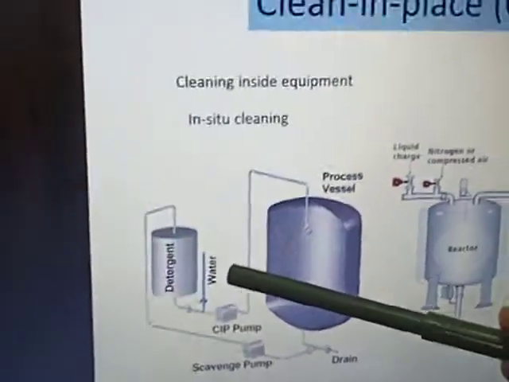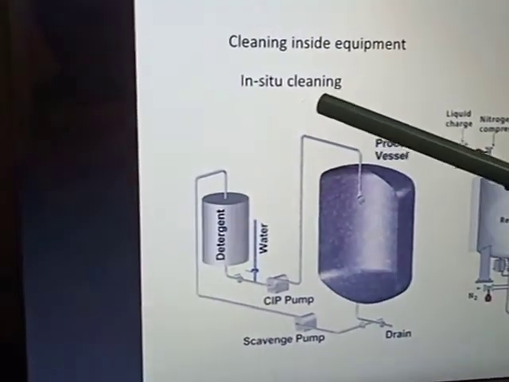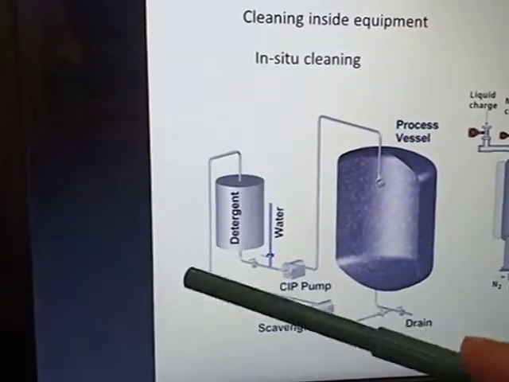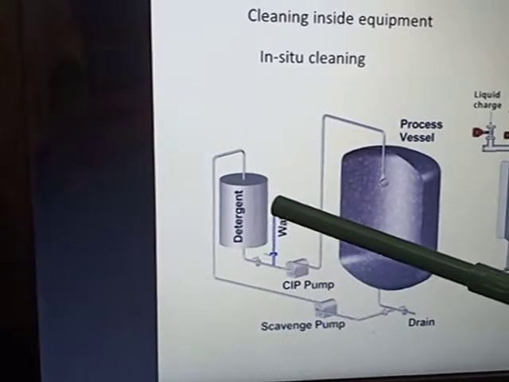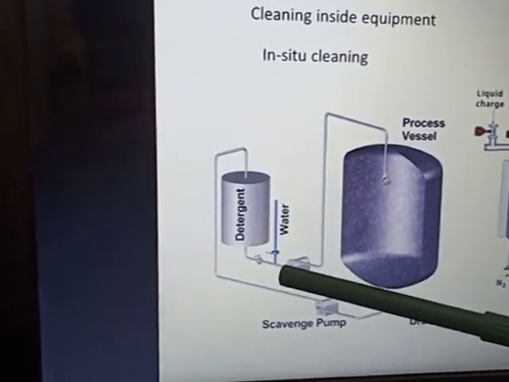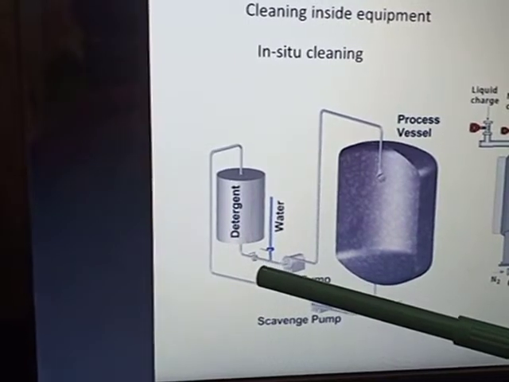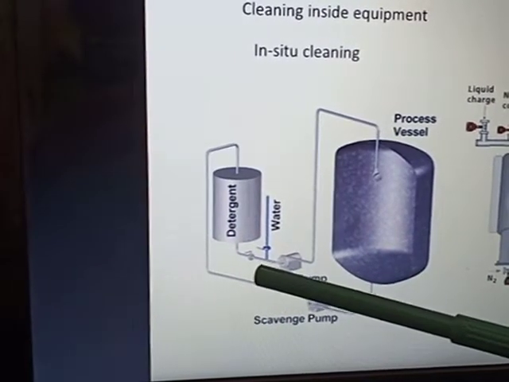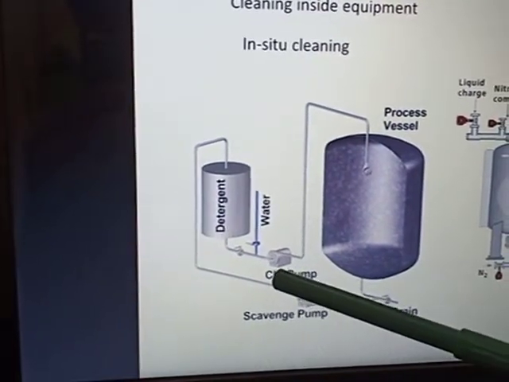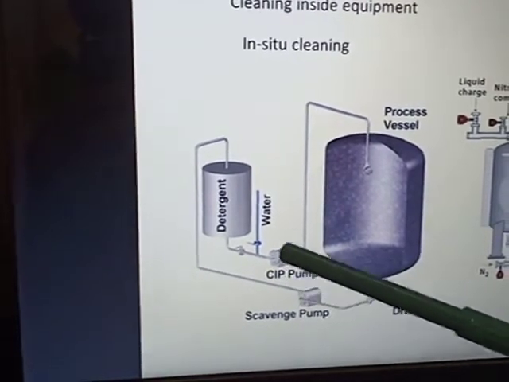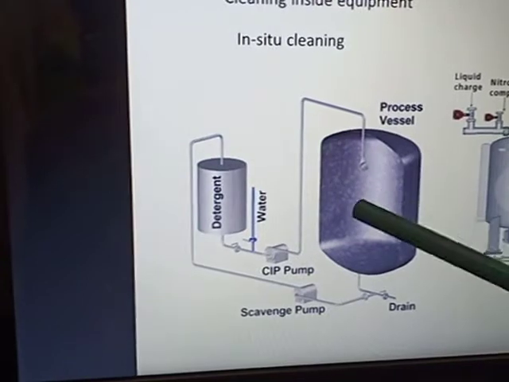In this in situ cleaning, you have a system with a tank of detergent, and water will come in and there will be mixing, a mixing of different ratios of water and detergent. This mixture will be pumped by a CIP pump into the process vessel.